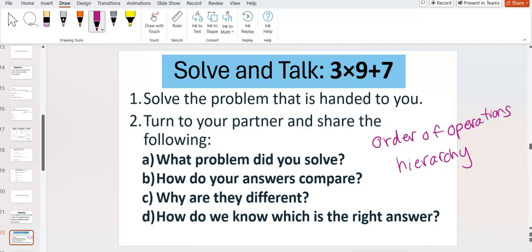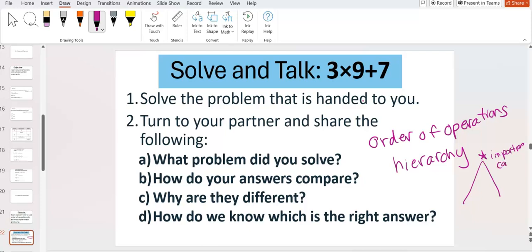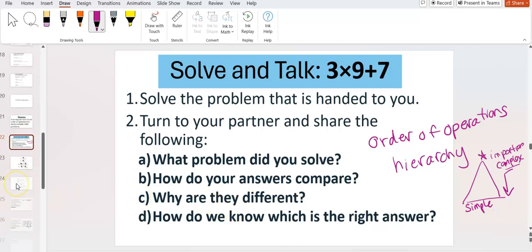So think like kings, queens, peasants, dukes, where at the top is the most important and complex or complicated operation. And at the bottom would be the least complex, the most simple operations. And so we always want to do the most complex operations first and work our way down to the simple operations. Okay? Here is the order of operations.